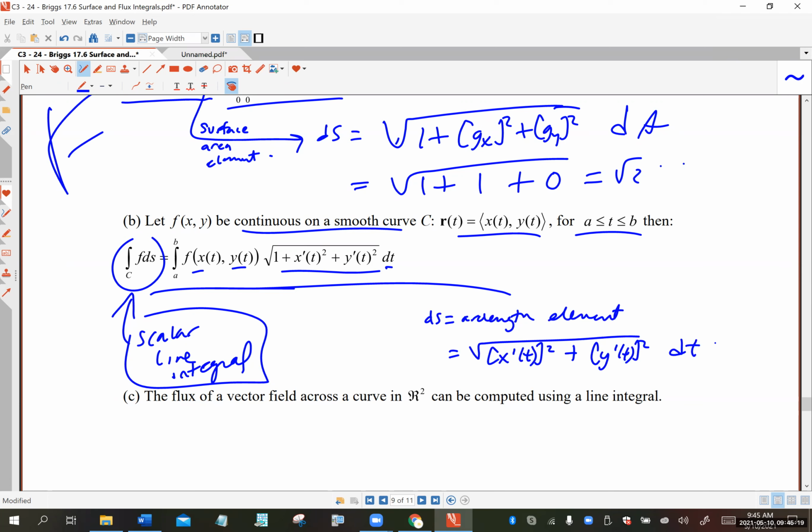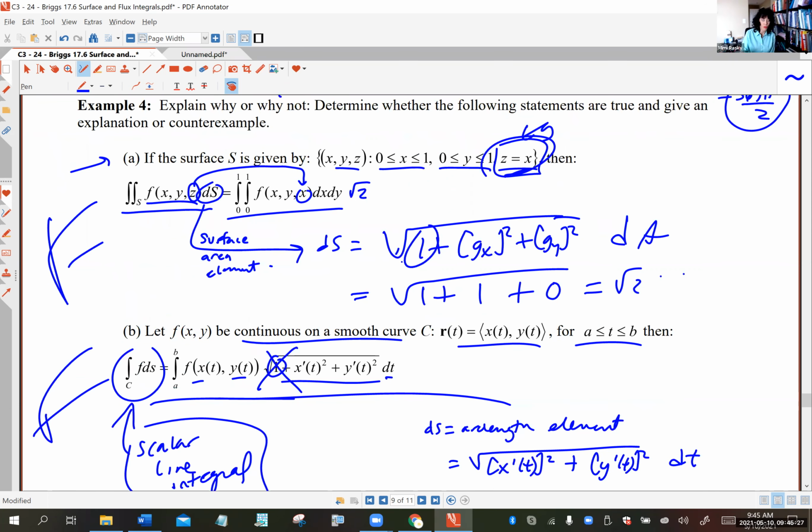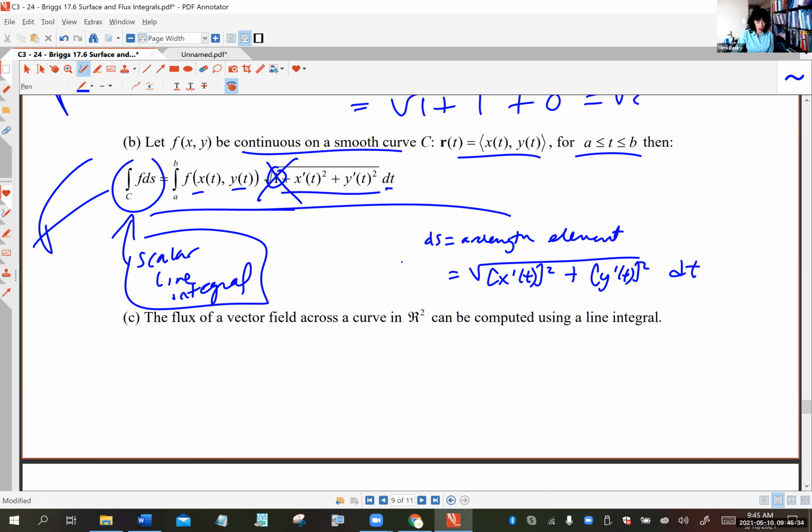Yes. So this one is no bueno. False. Well, the surface area element had a 1. That's different. That's the surface area element. That's true. But the arc length element does not involve a term of 1 underneath the radical. So please don't get these confused.